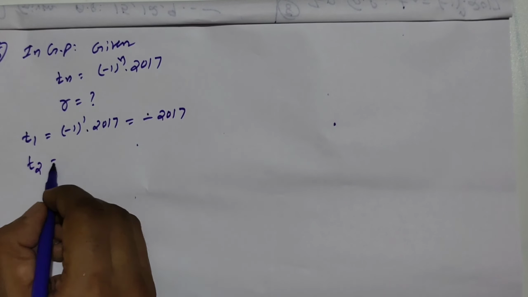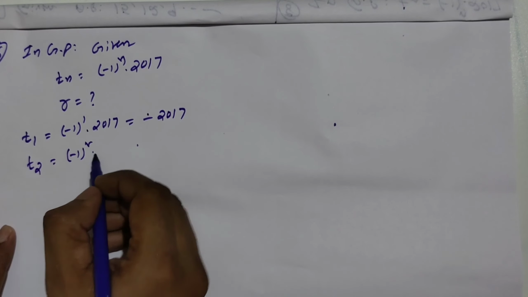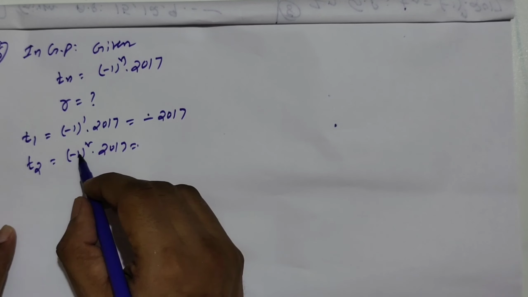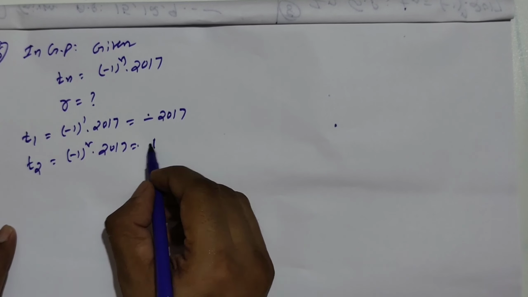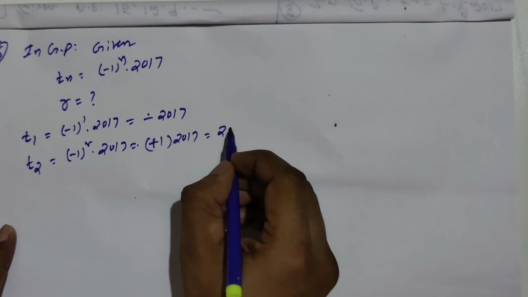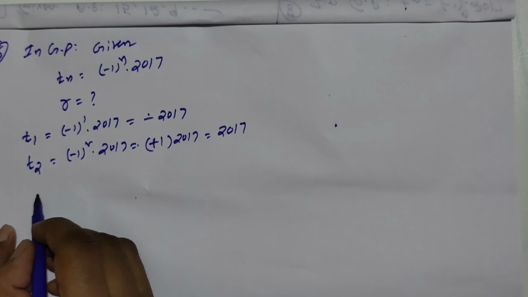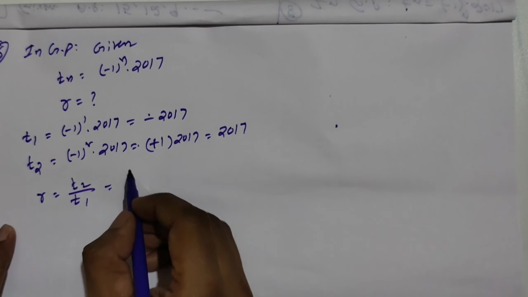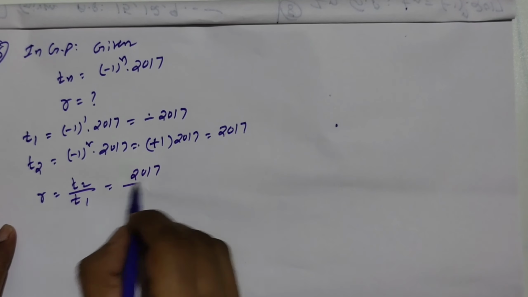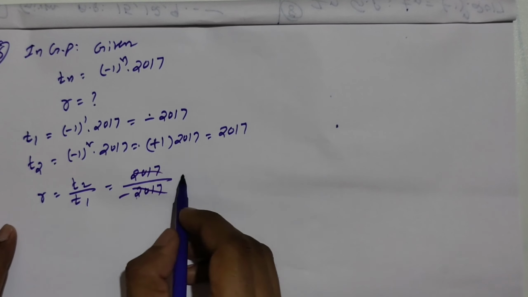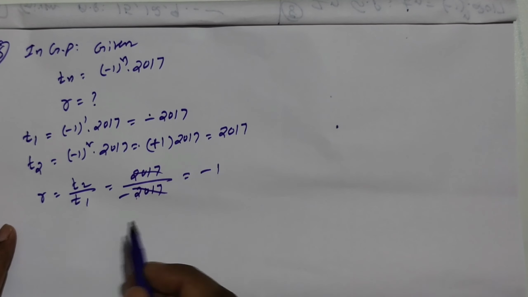And also find T2, minus 1 to the power of 2 into 2017. Minus 1 to the power of 2 means minus 1 into minus 1, that is plus 1. Plus 1 into 2017, simply we get 2017. Now we know the common ratio is T2 by T1, that is 2017 by minus 2017. These two will get cancelled, we get minus 1.